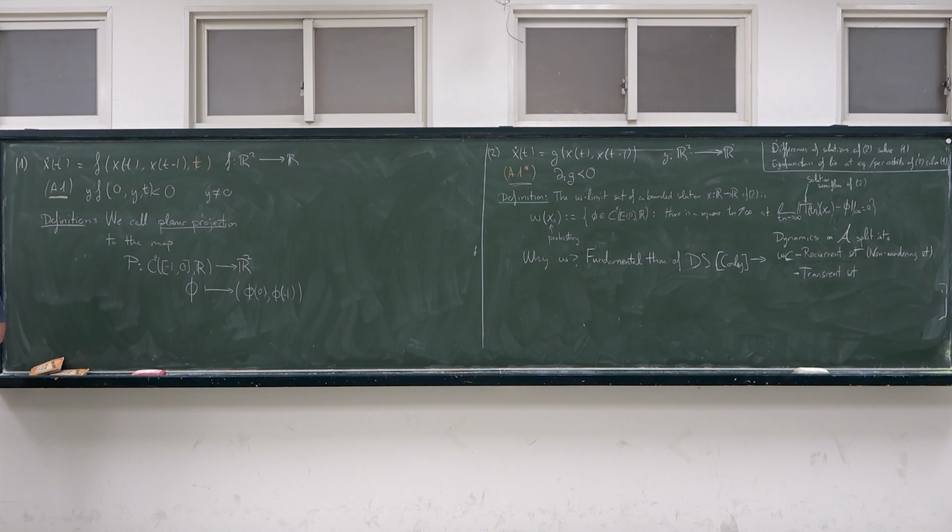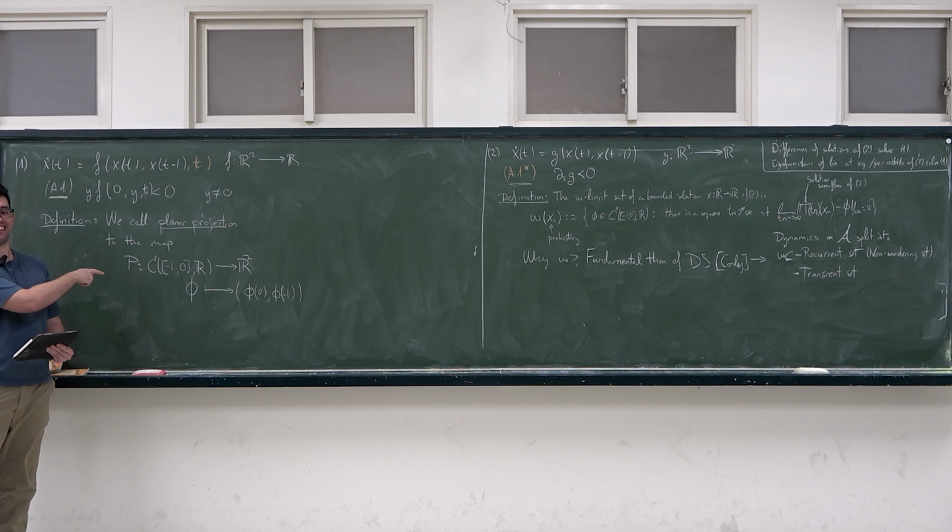So we are taking in one whole function, a huge phase space, and we are getting back a point in R2. Naturally, this is a rather steep decay in dimensions. We went from a very, very large vector space to a very small vector space, right?